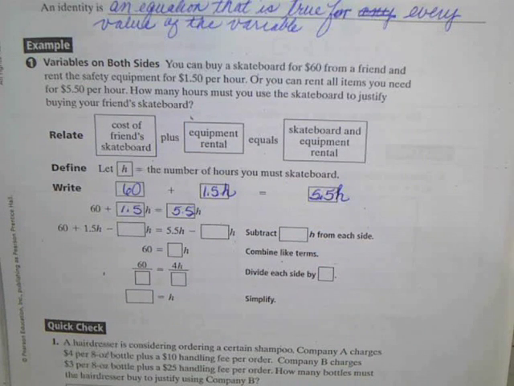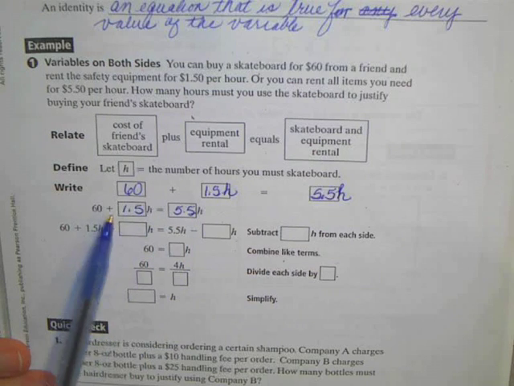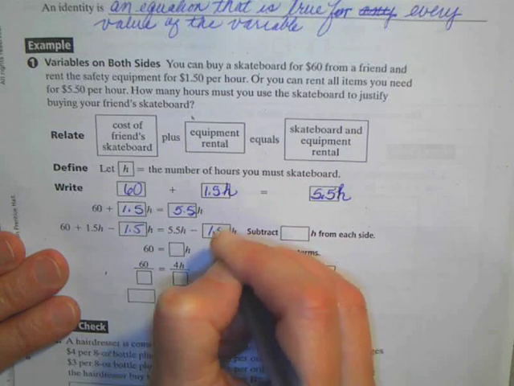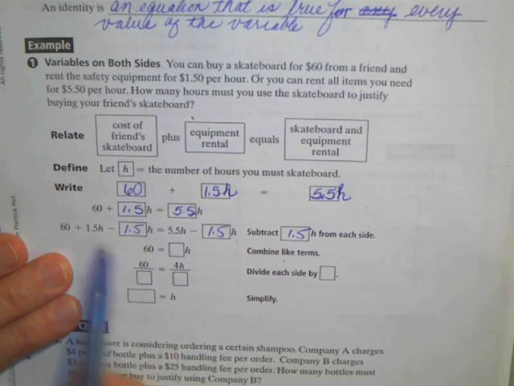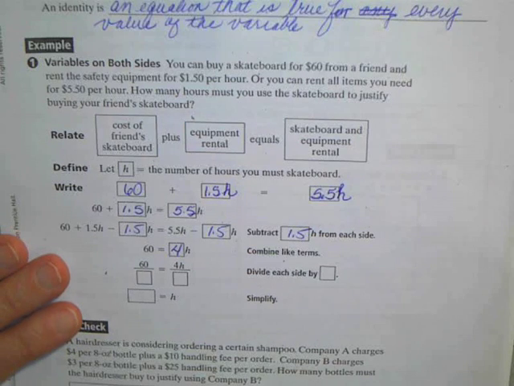Okay, so again, my goal is to get the variable isolated on one side of the equation. Since it's only the variable here, I'm going to move the other one. So I'm going to subtract 1.5 H from each side. And that's going to leave me 60 on the left hand side and 4H on the right hand side of the equation when I combine like terms.